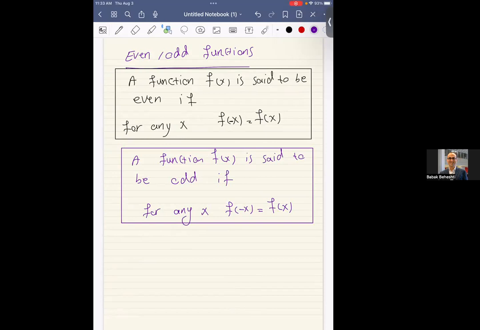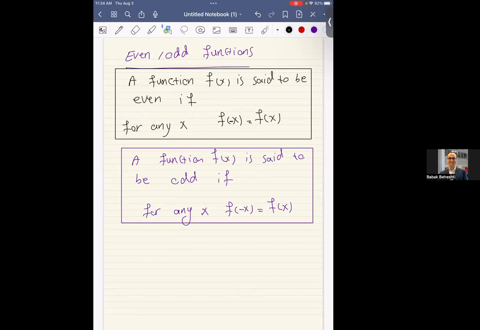So you see, some functions are even, some functions are odd, but some functions can be neither even nor odd. It's not like any function is either even or odd. There are some functions that are neither even nor odd. So basically, it's not like we only have these two categories.